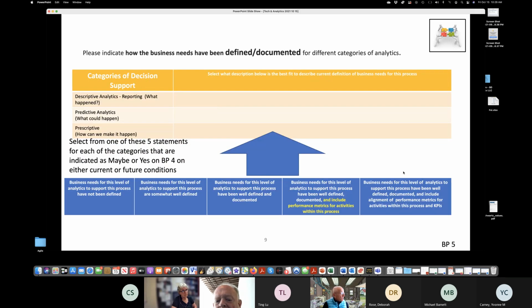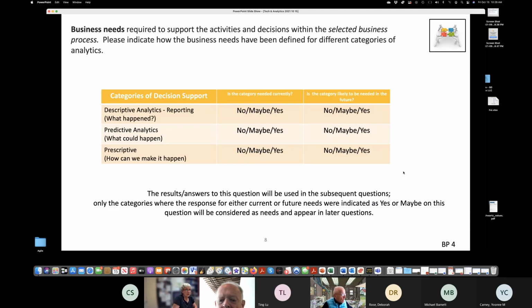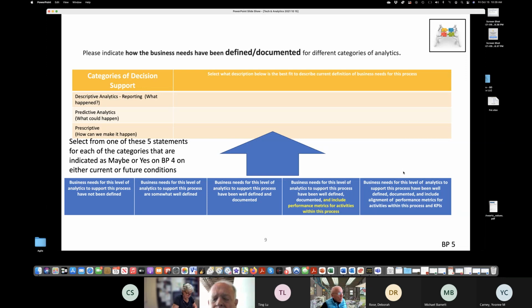So the next thing is that once they have a map like this, they would only work with the stuff where they said, yeah, we're interested in that. And then they would say, how are we doing this today? And then they would select from these different levels, which are really different levels of maturity, what Scott keeps pointing to, of where we are now.